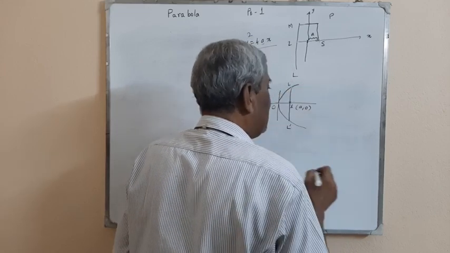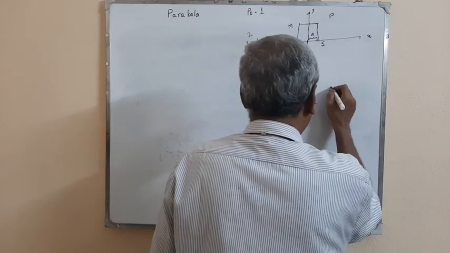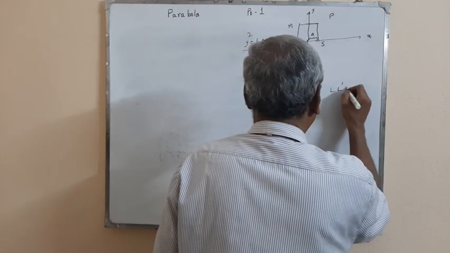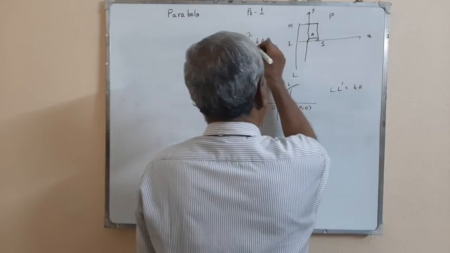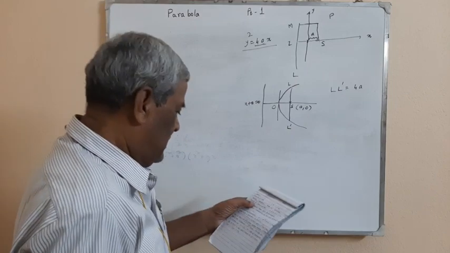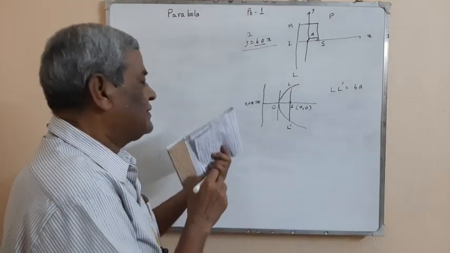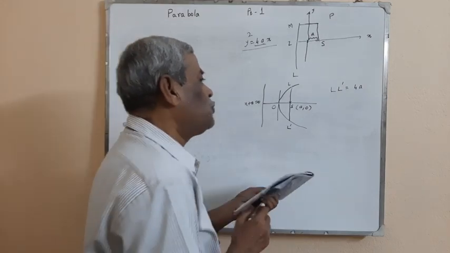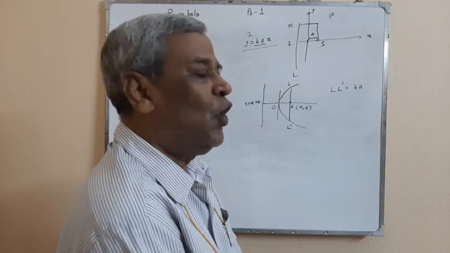Then LL dash is called the length of latus rectum, and it is equal to 4a. Sometimes it is very useful to find the length of latus rectum of a parabola.